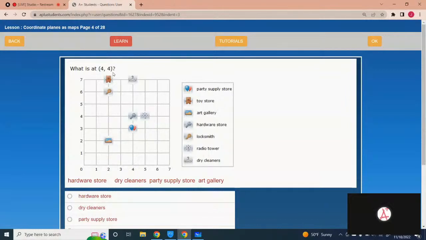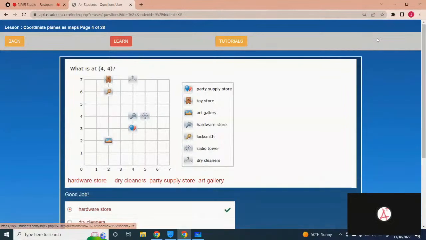Which is at the 4 4? Very good. It would be the hardware store. This is at the 4 4, and that means at the 4 4 you have a hardware store. Got it?